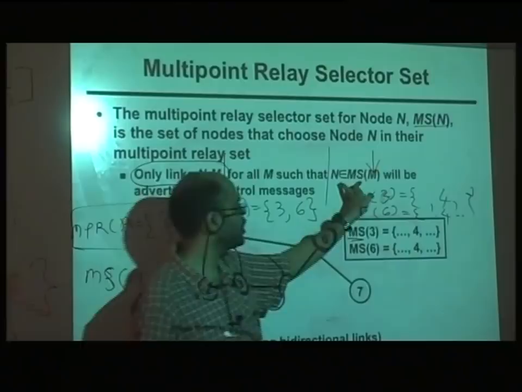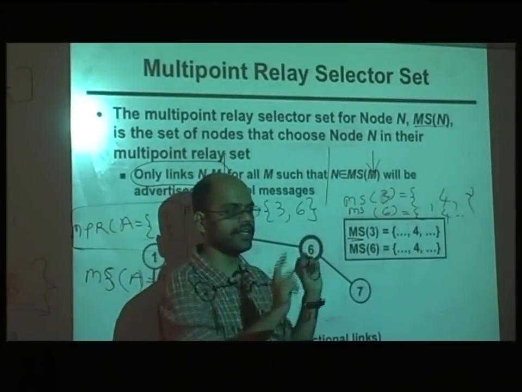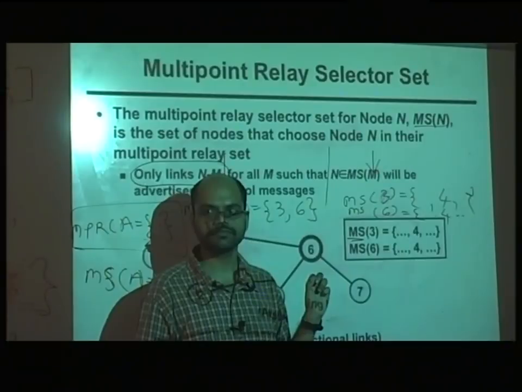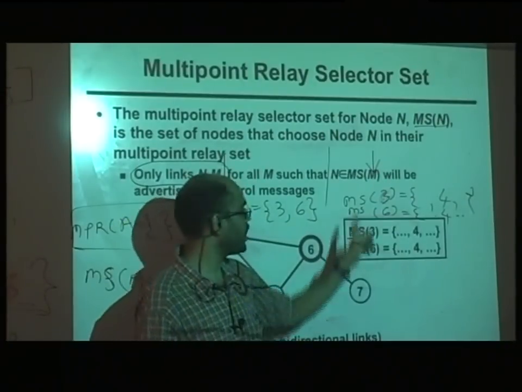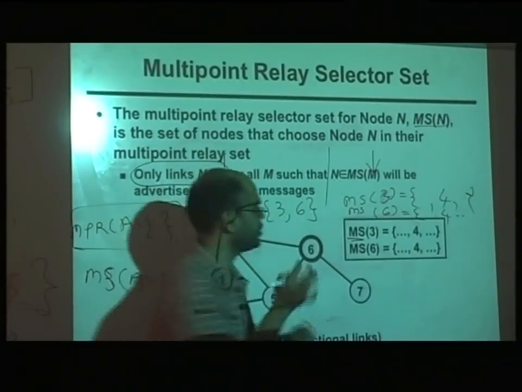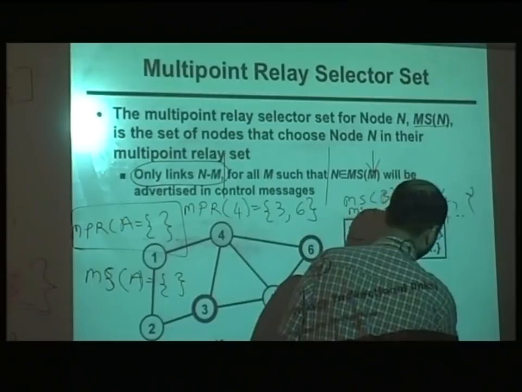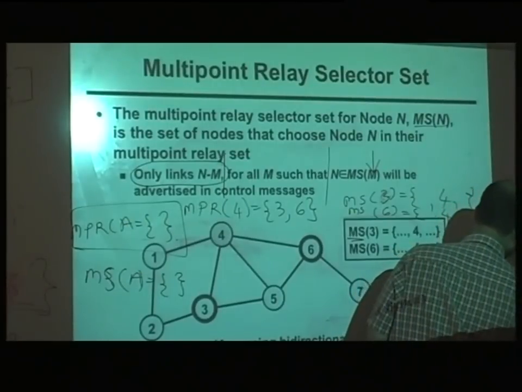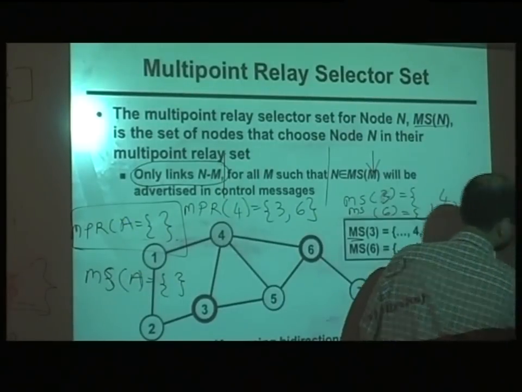So what is the relation between N and M? M belongs to MPR of N. MPR of N contains maybe multiple nodes, but for sure there is M.